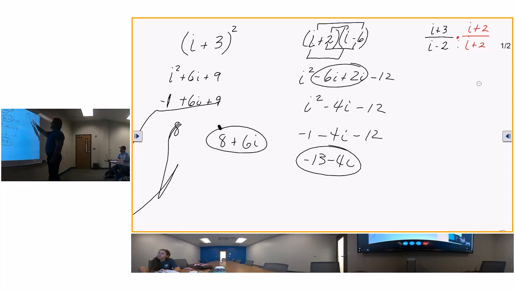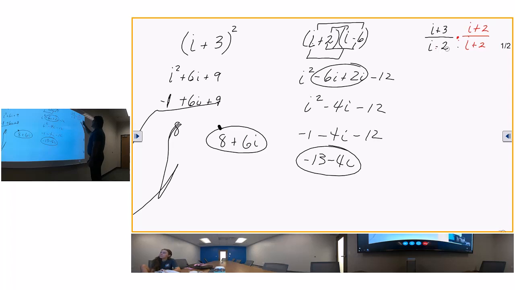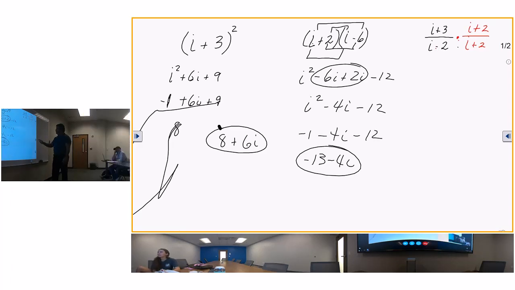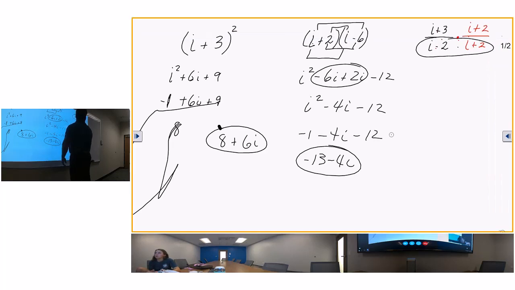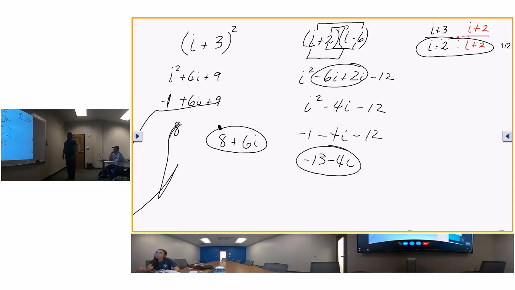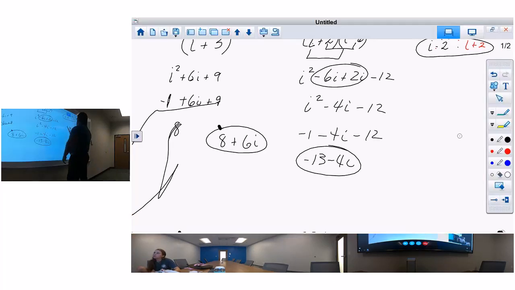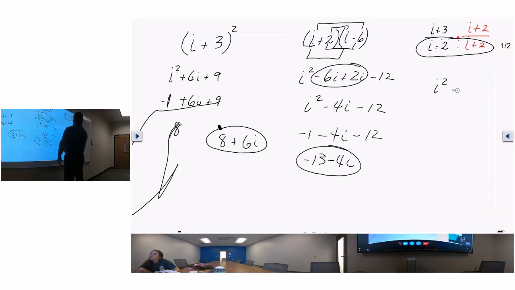Conjugal. The opposite of i minus 2 is what? i plus 2. So now what do they have on the bottom? What's this? Shortcut number what? What's on the bottom? i minus 2, i plus 2. Shortcut number 3. So that's i squared minus what? i squared minus 4.